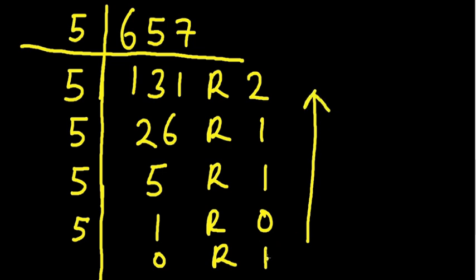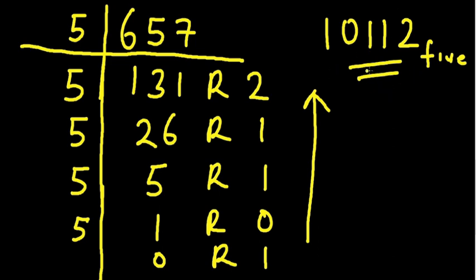We're going to start from the bottom, which is 1, 0, 1, 1, 2 in base 5. So this is the final answer in base 5.